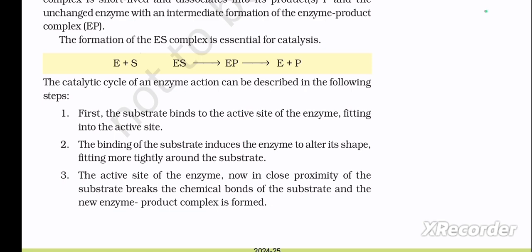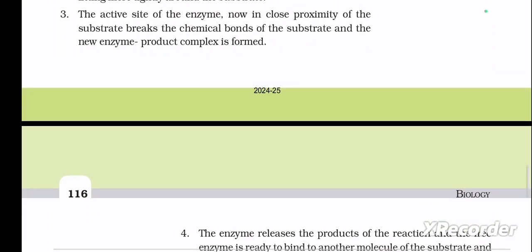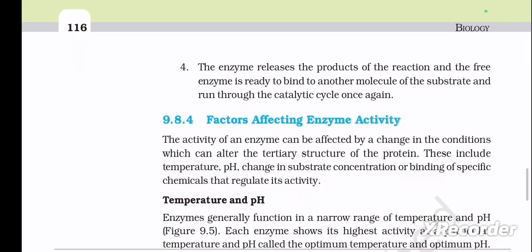Third, the active site of the enzyme, now in close proximity to the substrate, breaks the chemical bonds of the substrate, and the new enzyme product complex is formed. Fourth, the enzyme releases the products of the reaction and the free enzyme is ready to bind to another molecule of the substrate and run through the catalytic cycle once again.